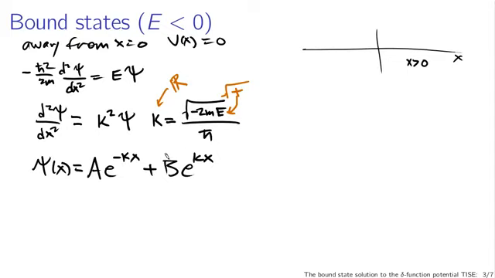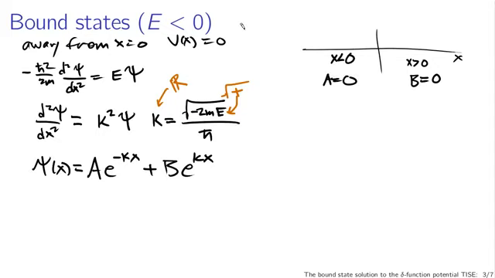Because if we have a non-zero B, integrating the squared modulus of the wave function from 0 to infinity will give us infinity, because we have something growing exponentially here. So for x greater than 0, B must be equal to 0. Similarly, for x less than 0, we have to have A equal to 0, because otherwise we have something growing exponentially as x goes to minus infinity.